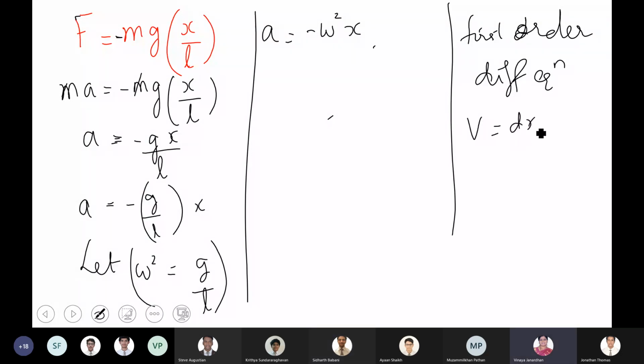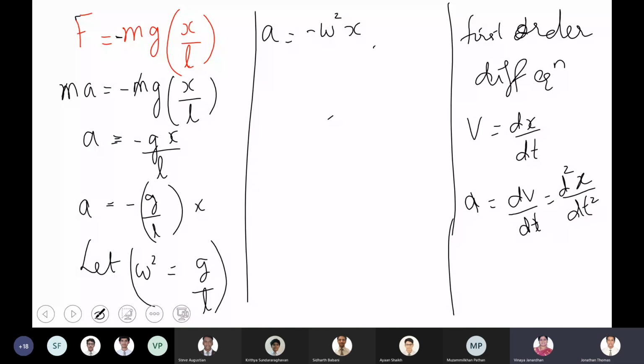V is equal to dx by dt. Second order differential equation, a becomes dV by dt, or I can write this as d squared x by dt squared. You haven't learned this? You haven't differentiated two times x? No, we haven't heard of that term.